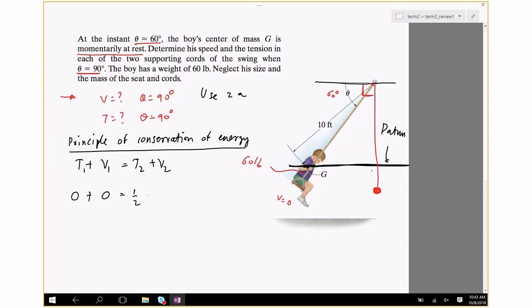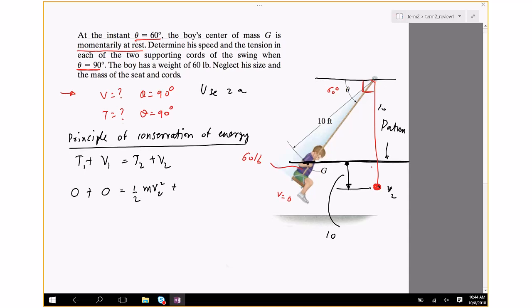T2 is half m v2 squared, that's the velocity here, we call it v2, plus the potential at 2. So that's going to be the distance from the datum to the point, right? This distance, and that distance is 10.